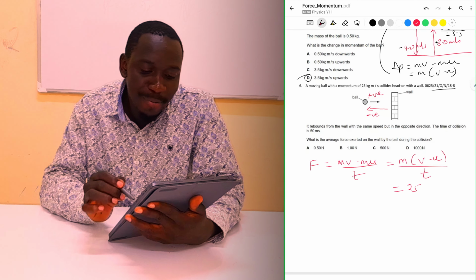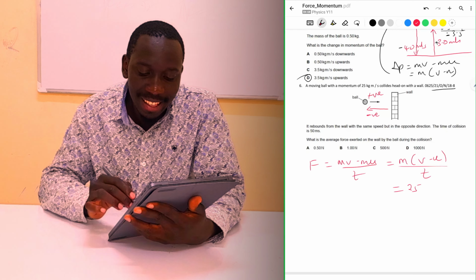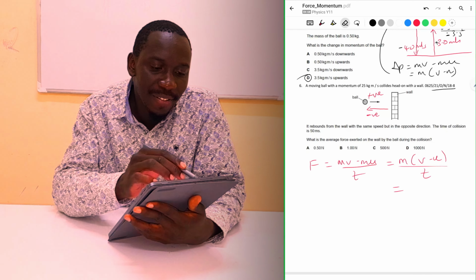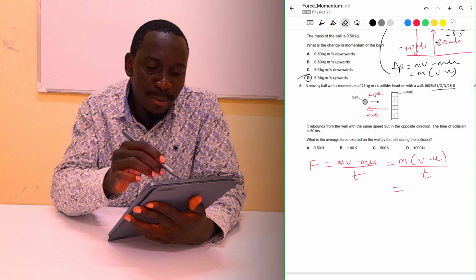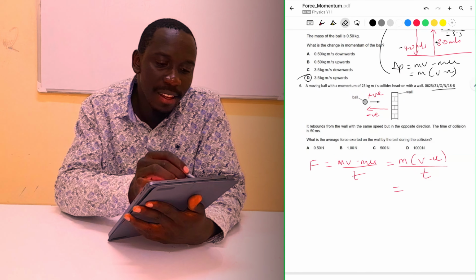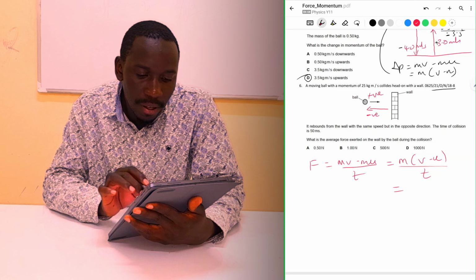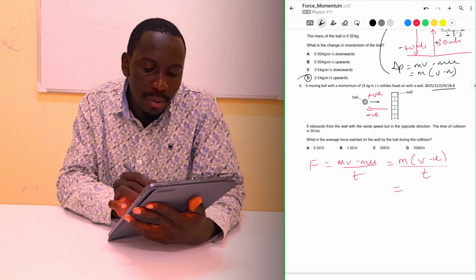We already have momentum, so it's always good to understand these things. So it is moving with 25. So if we take 25 to be positive, that means when it goes back, it will be negative 25.